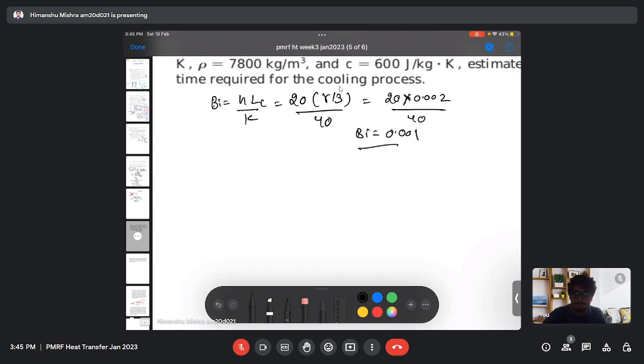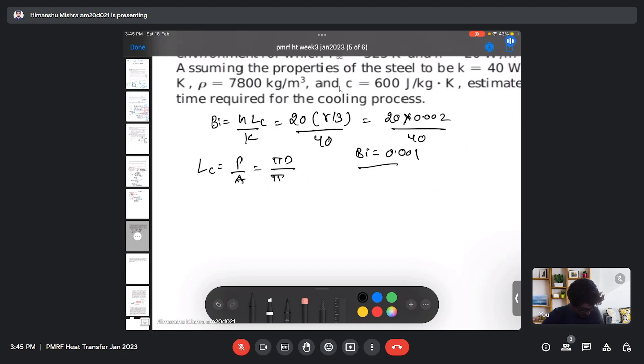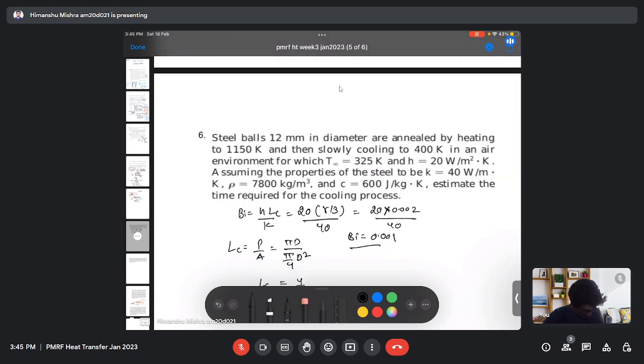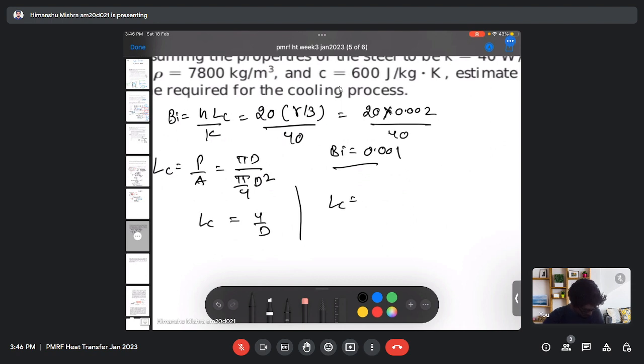How have you taken Lc equal to R by 3? So this is my characteristic length. Basically, my characteristic length would be volume by surface area. For the sphere, the volume is four thirds pi R cubed and the surface area is 4 pi R squared, so for the spherical case, our characteristic length would be R by 3, which is d by 6.